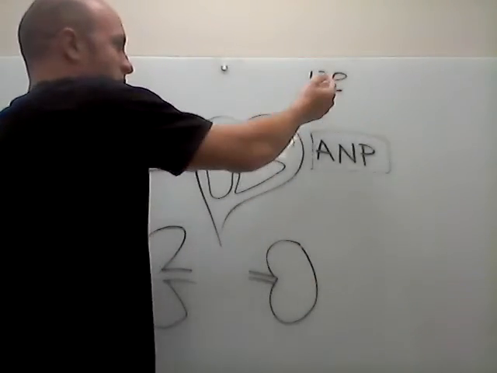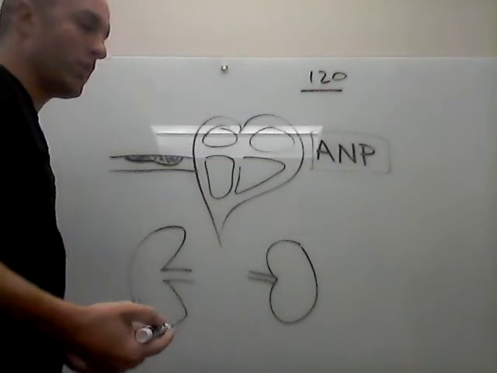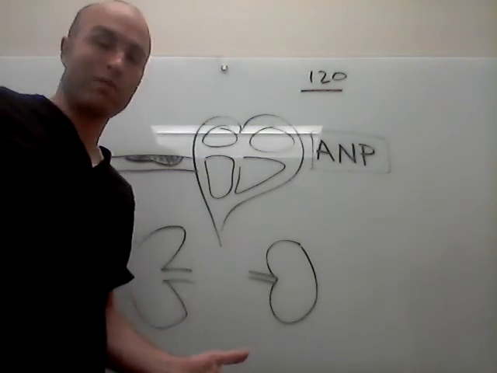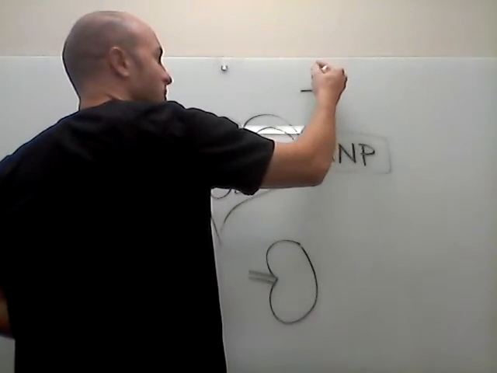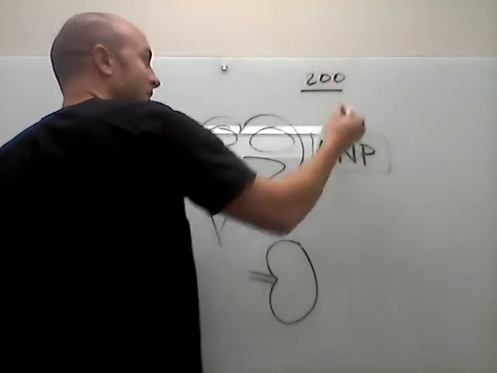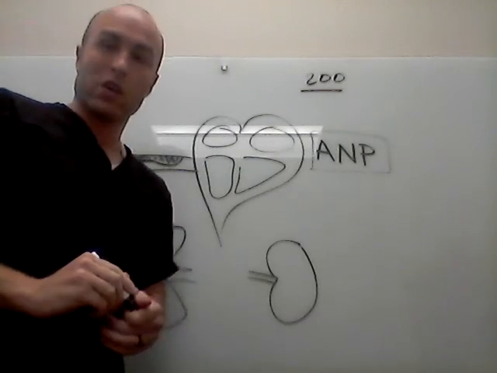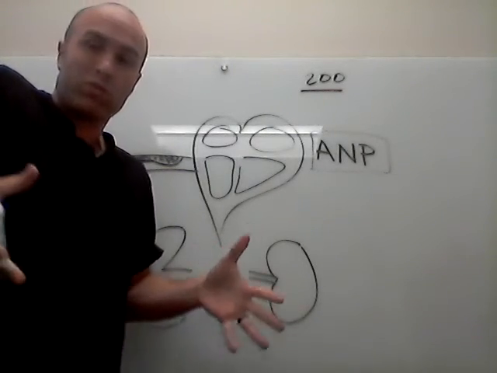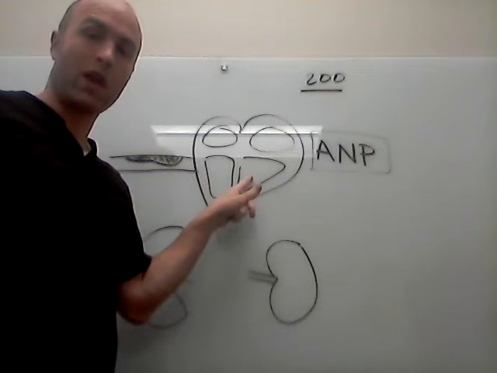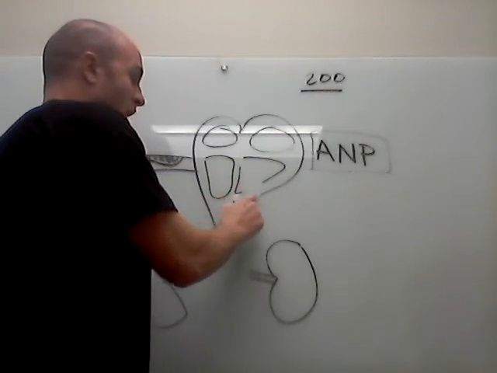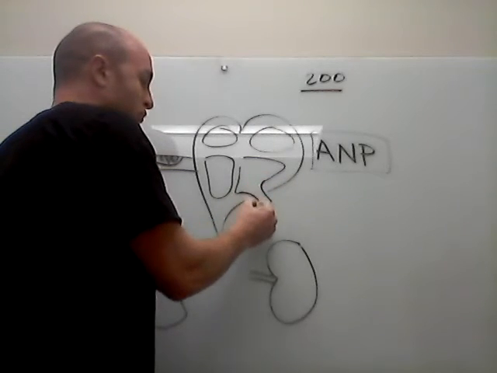And how much pressure does it have? Well, when you have too much blood because of the atrial natriuretic peptide, this can get up really high. And when it gets up really high, you have so much blood, so much pressure, your heart has to work a lot harder in order to push this blood around the body because there's so much pressure in there.